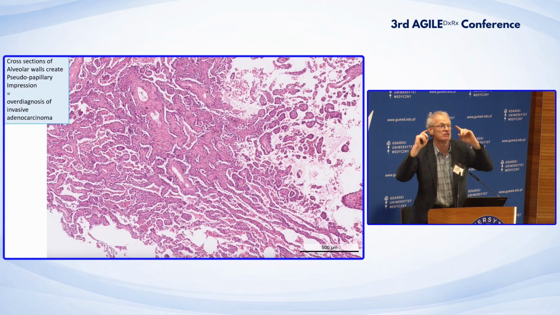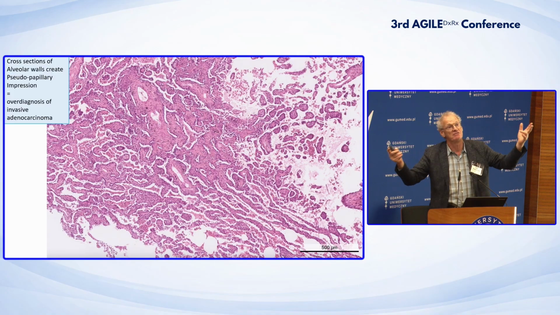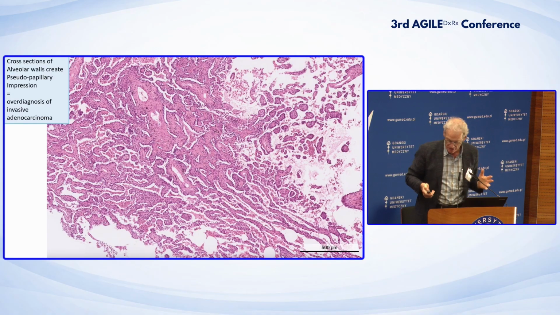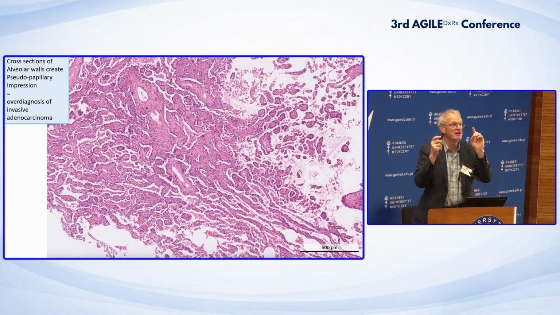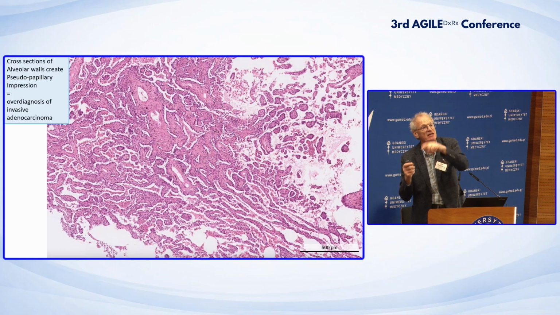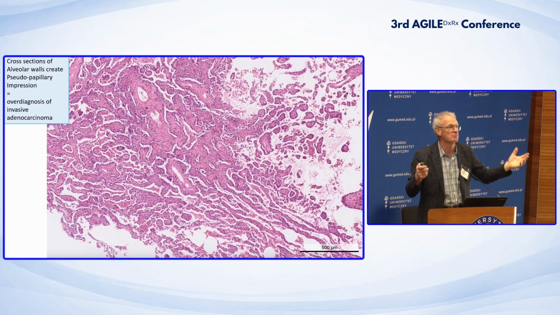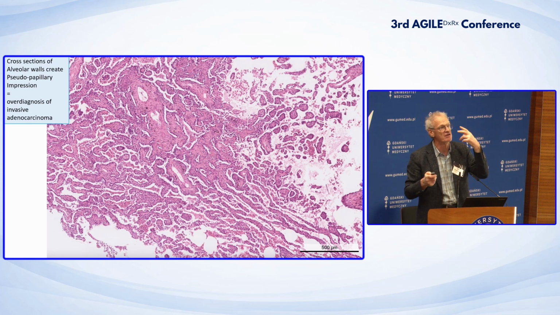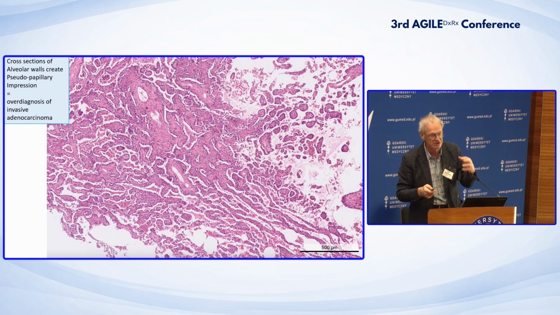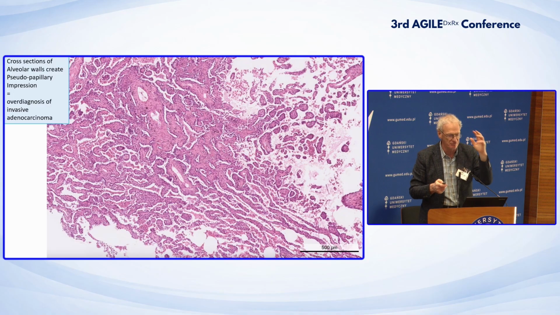But the radiologist will think white, invasive. Frequently heard. But it may still be in situ because of the additional stroma components. So not every non-solid lesion is by definition invasive.